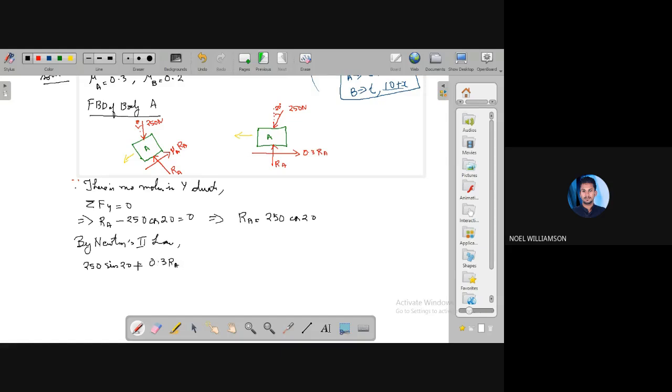Because it is acting opposite to the motion, which will be equal to m into a, that is, the acceleration of body A. So let us take this as aA, or mass of A as mA.